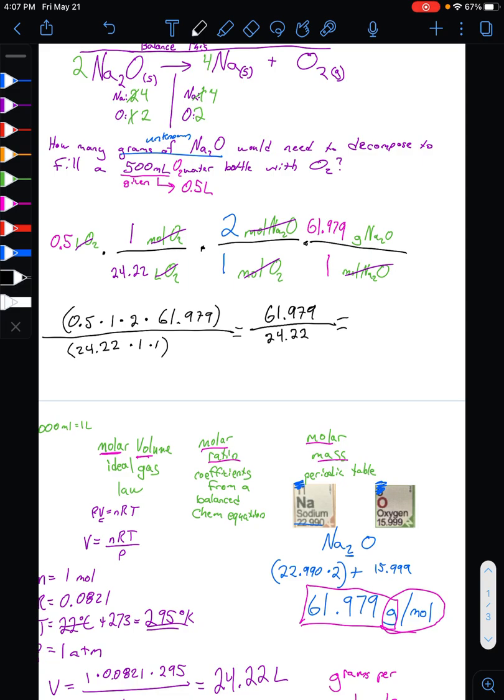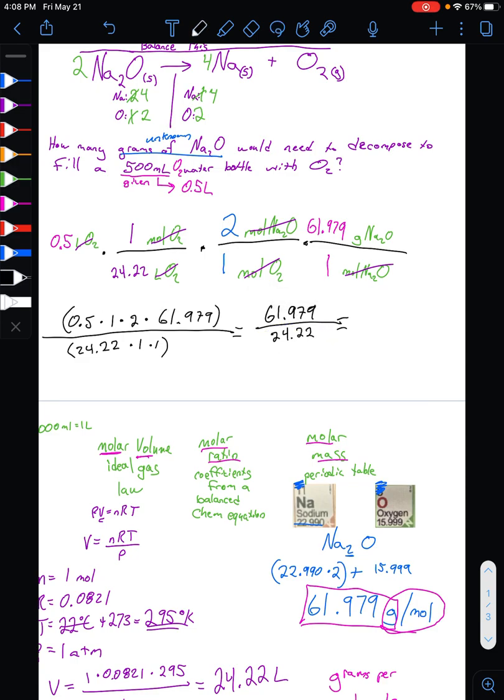Now do the division. 61.979 divided by 24.22. You can see that this is going to go in. You're taking that and divided by that. You can see this number can fit in there a little more than 2 times. Cool.